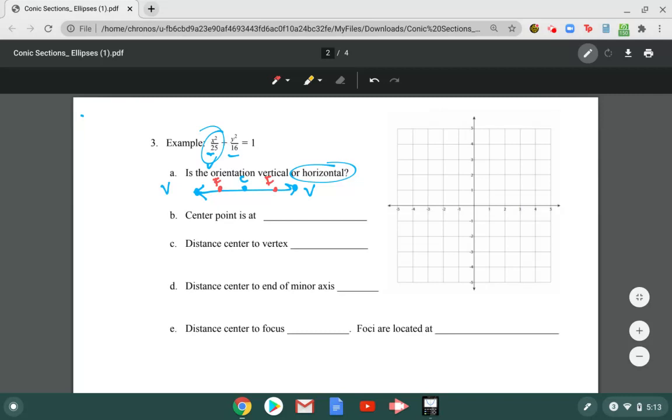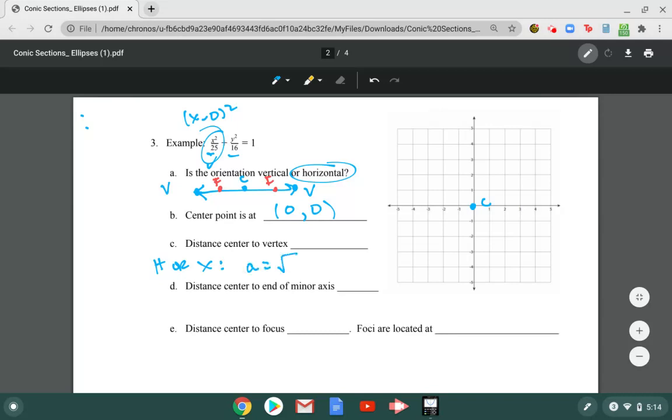The center point, I could write those numerators as x minus 0 squared and y minus 0 squared. I don't need to, but I do need to recognize that there's nothing added or subtracted. So that tells me that my center point is at 0, 0. Distance center to vertex. We've already established that this one is horizontal, which means it's in the x direction, so I need to pick up the denominator of the x term.